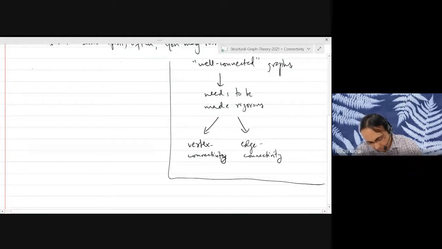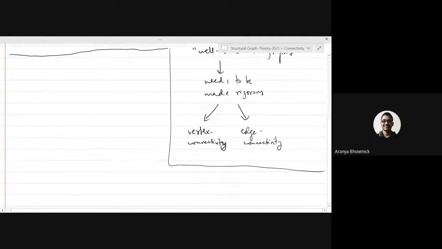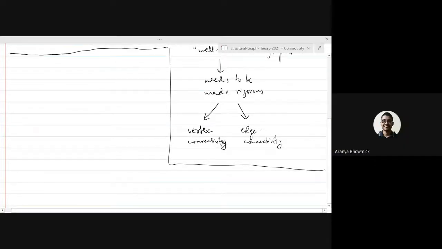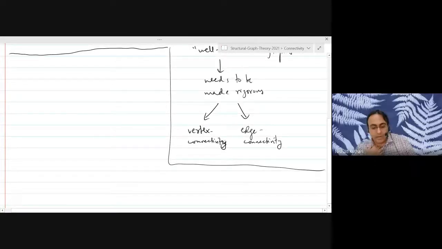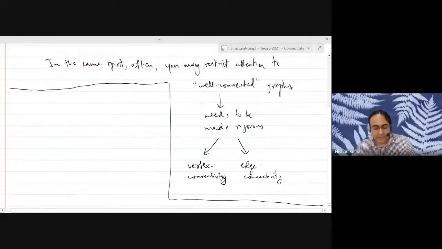So we'll talk about these things later, but I just want to give you an overview of where we are heading. Sir, I have a question. Yeah. So what is the definition of well-connected graphs? Right, we don't know the definition. I'm just telling you that it needs to be made rigorous. It depends on the particular topic, right? Because I'm making a sort of broad statement here that in certain areas of graph theory, you don't need to look at all connected graphs.